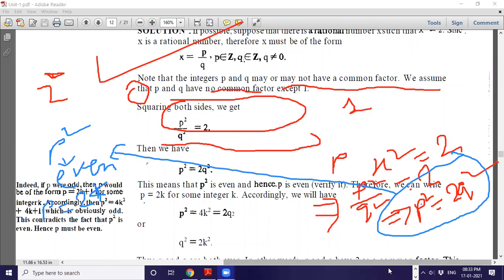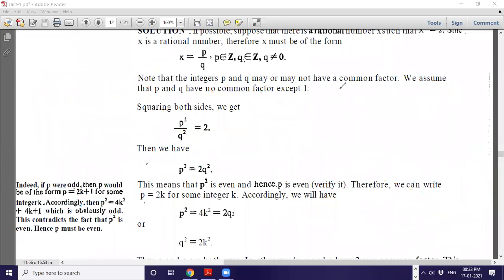Let me clear this first. Okay, so we can write p is equal to 2k. You got that because we got p square is equal to 2q square, that is, p square is even. So p should also be even.